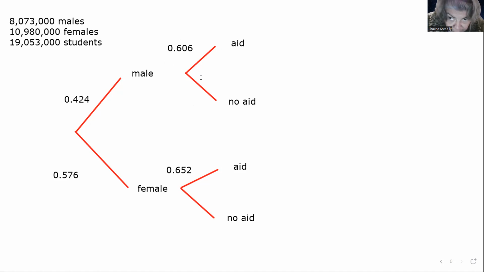So to get this number, I'm going to subtract 1 minus 0.606. And that calculation is going to give me my no aid group.